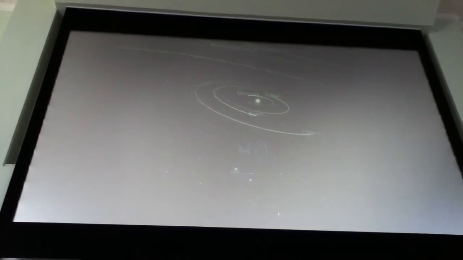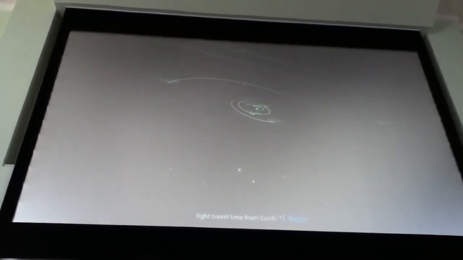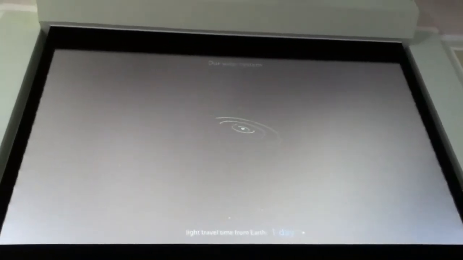For a whole light second from the Earth. You see the constellations around us that we look at.